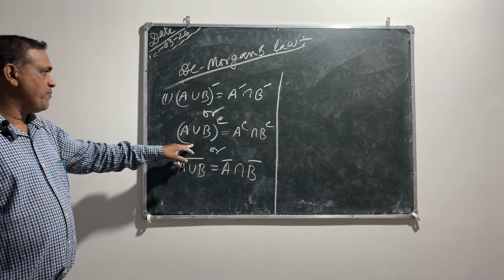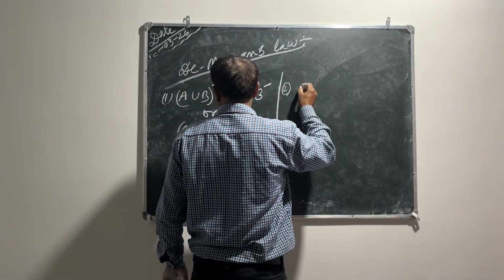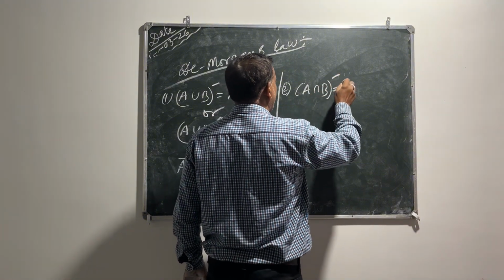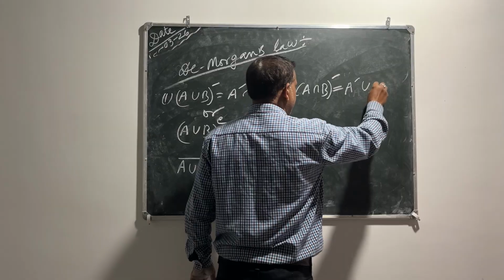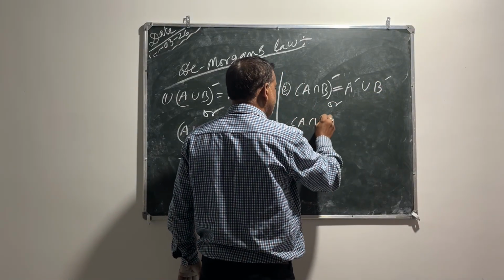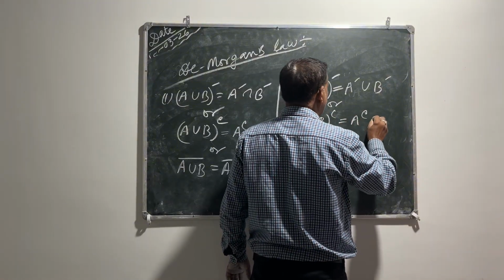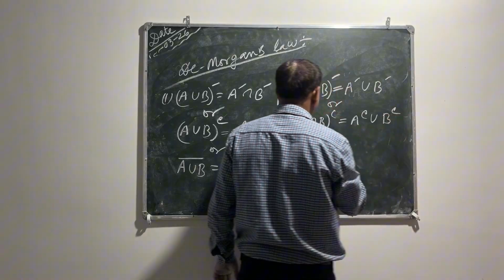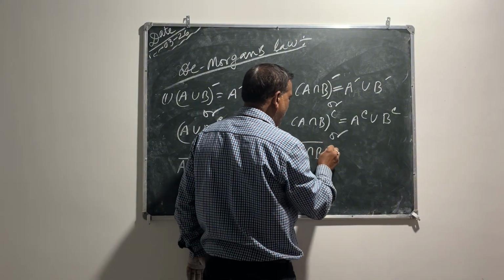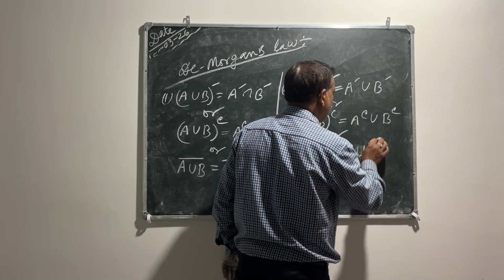So this is in case of union. The second De Morgan's law is in case of intersection: (A intersection B) complement equal to A complement union B complement, or (A intersection B) bar equal to A bar union B bar.